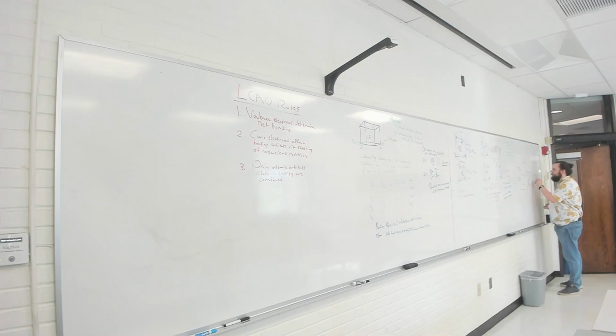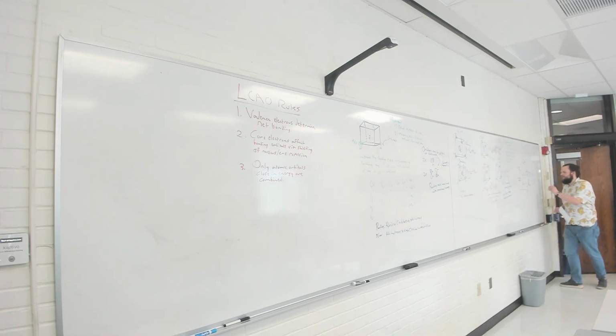So the total bond order is 1/2 times (8 minus 0), which is 4. So per bond, 1. Single bond. So we have 4 single bonds. They're all equivalent, and they're tetrahedral, like we constructed. You get an orbital diagram that looks like this.